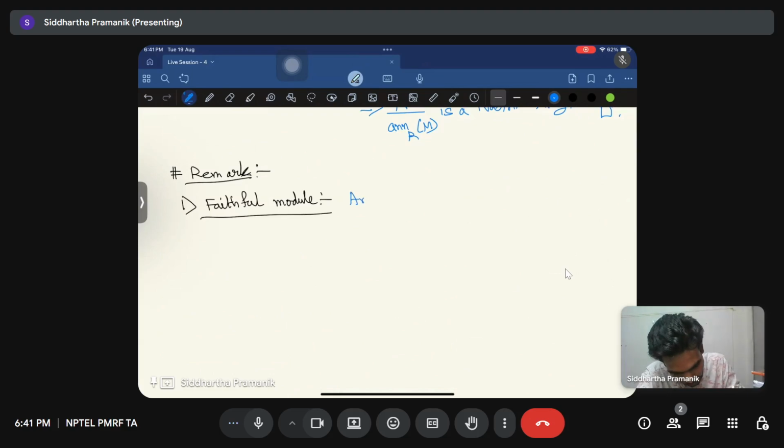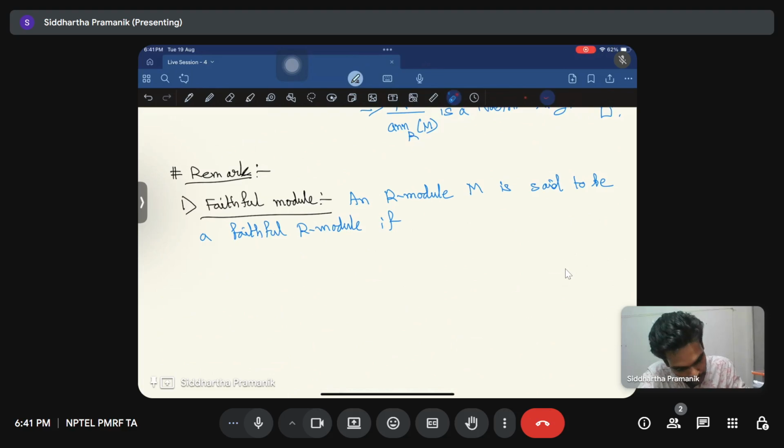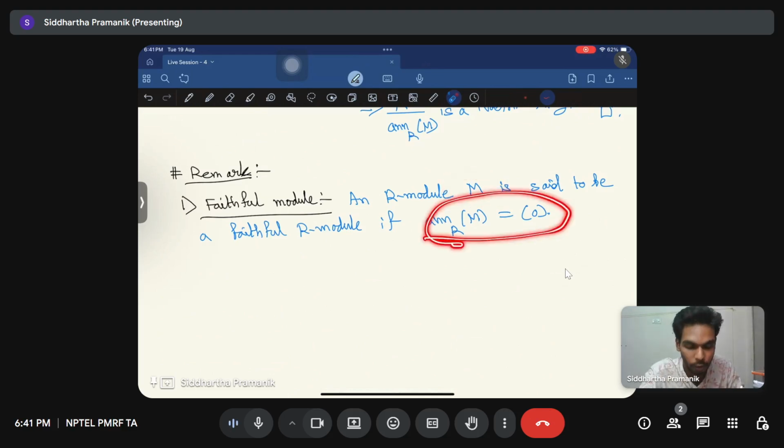An R module M is said to be a faithful R module if its annihilator over the ring R is the zero ideal. So that is the first definition: an R module M is faithful if its annihilator is the zero ideal.